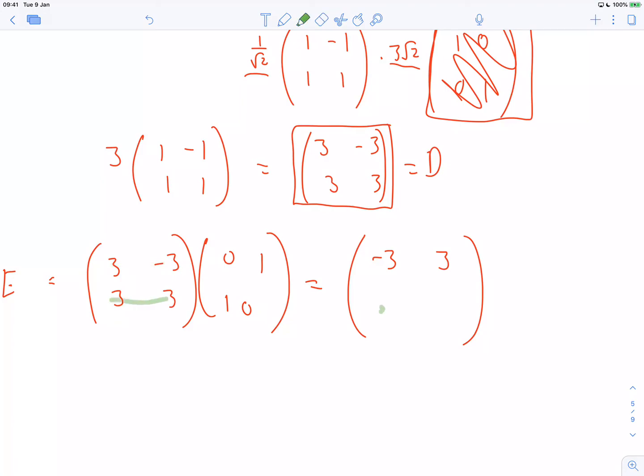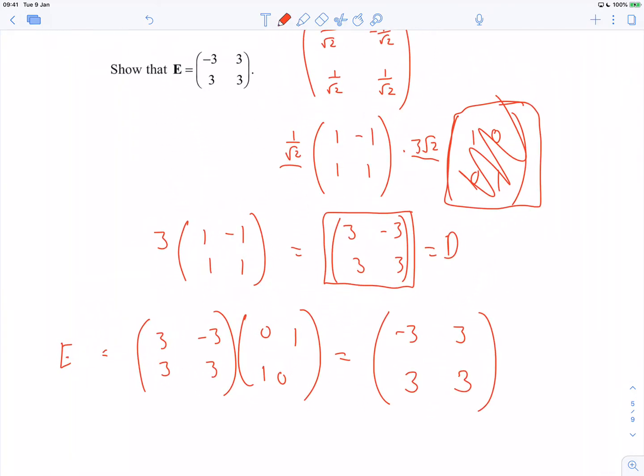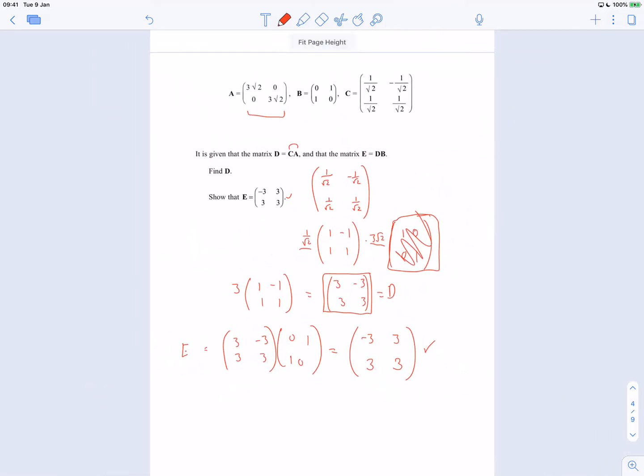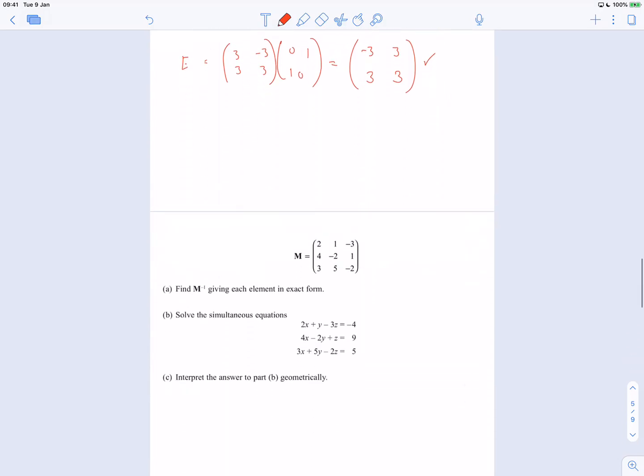Second row, first column, that's just going to be a 3. And then second row, second column, that's going to be a 3 as well. So just a minus 3 in the top right. Yes, it does. Okay, that's it. Yeah, fairly straightforward.